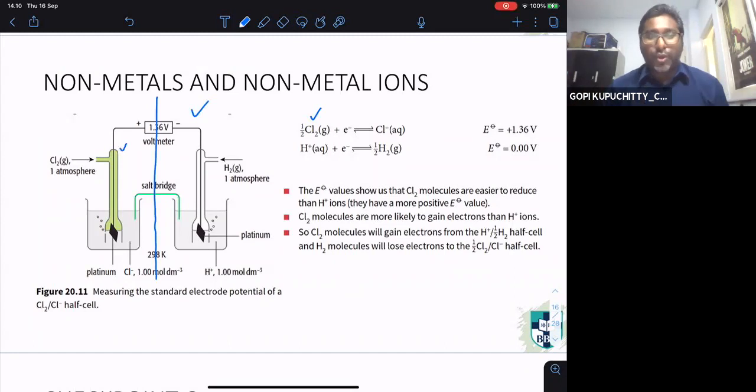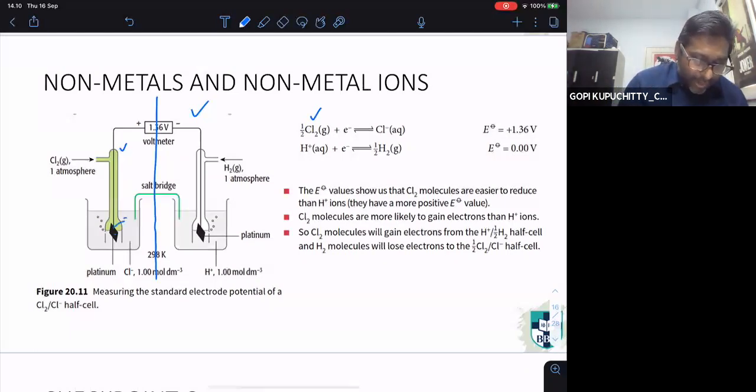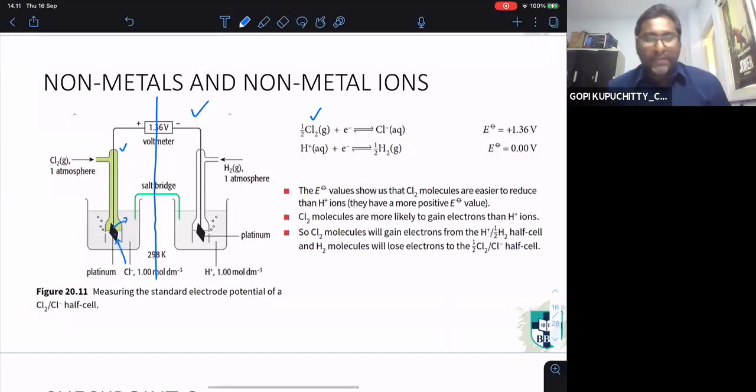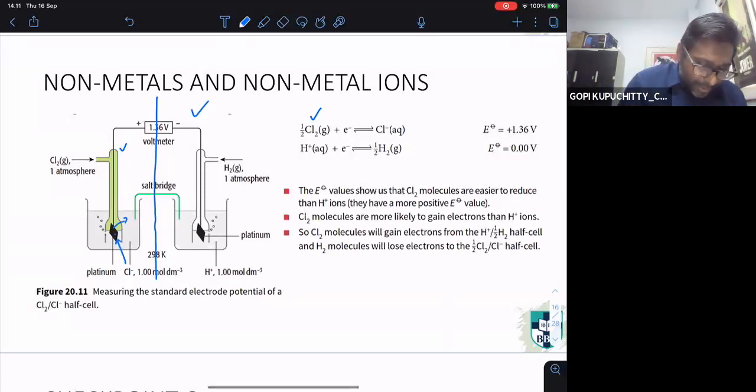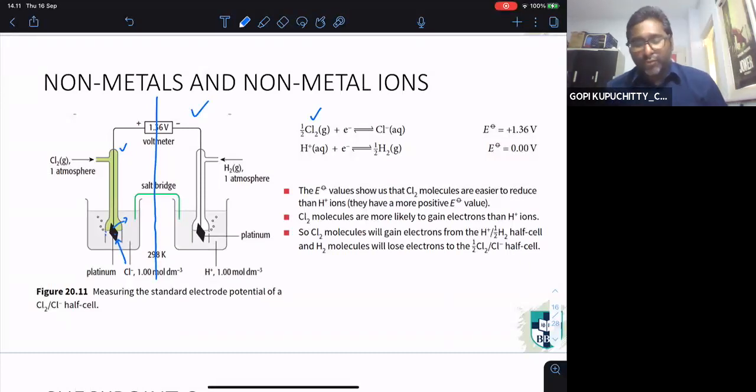You put them in the tube and put the platinum wire over there. Make sure the platinum is in contact with the Cl2, and also in contact with Cl- in the solution. Then put a hole below so that the Cl2 can go up. So this is going to be the setup.